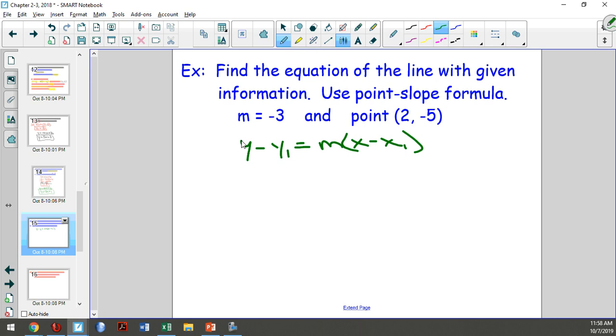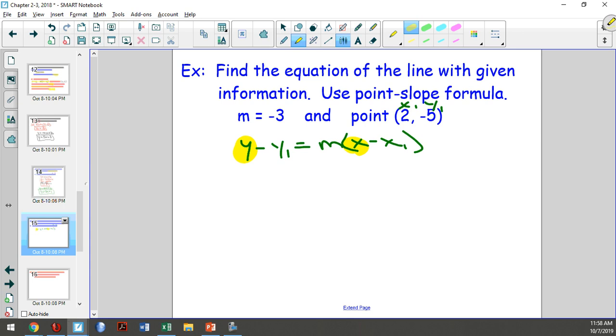When I utilize this formula, what do I label my point as? Yep. So here's x1, here's y1. I am going to keep the y and the x in the formula, and everything else turns to numbers.